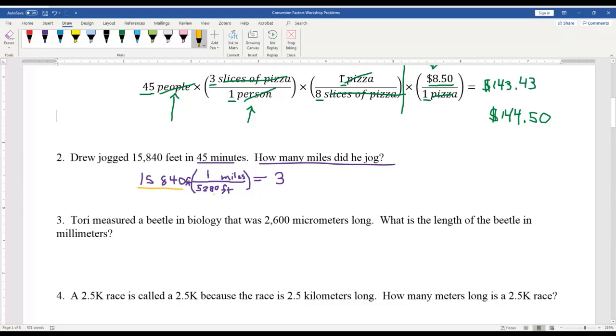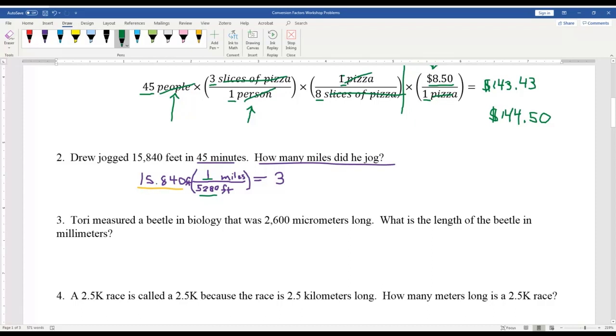The reason is because it's a definition. By definition, 5,280 feet is equal to a mile. So nothing was measured there. And since these are exact numbers, that means that they have unlimited significant figures, infinite sig figs. So the only significant figures that I really need to worry about are the sig figs in the first number I'm starting with.